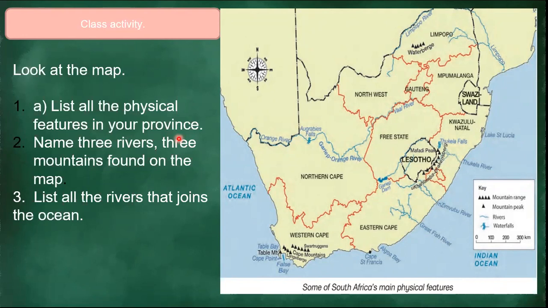Ona. Ma'am, the waterfalls in Western Cape, there's False Bay. Then in Eastern Cape, there's Harry Dam.